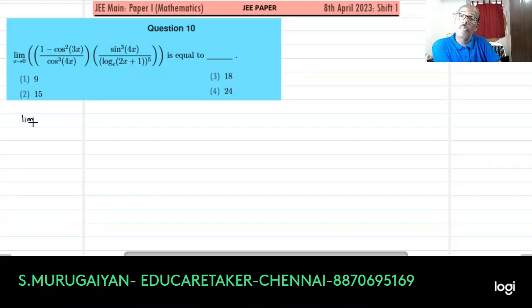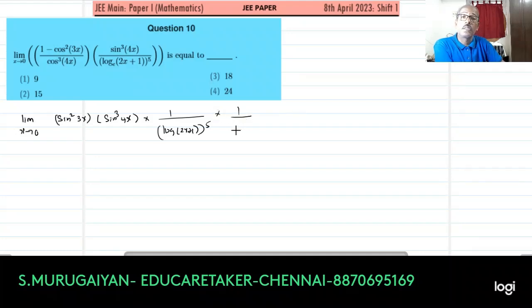Limit x approaches 0, the 1 minus cos square 3x is sin square 3x, sin cube 4x into 1 by log of 2x plus 1 whole power 5 into 1 by cos cube 4x. We'll rearrange like this.